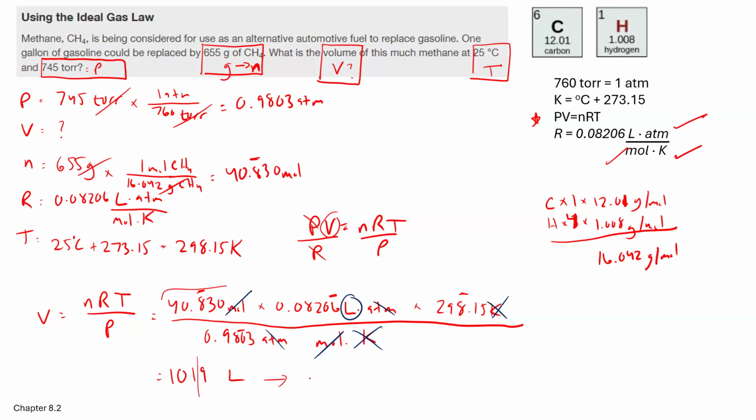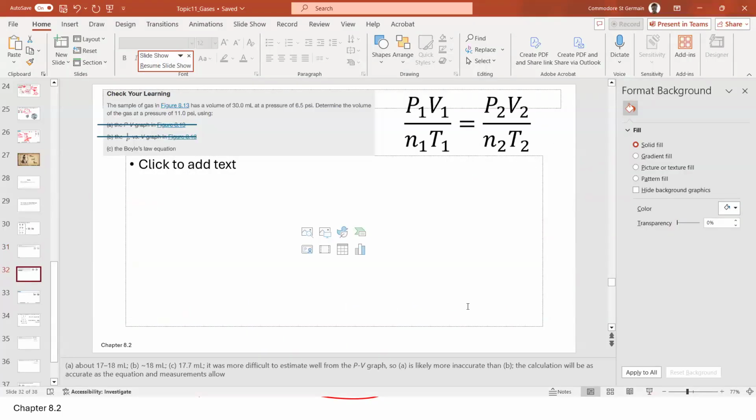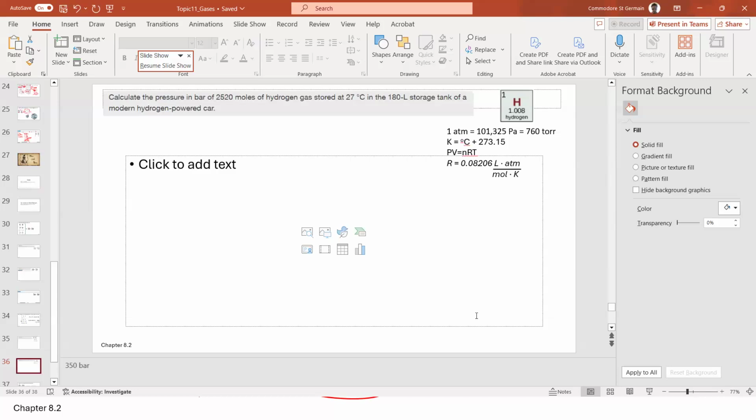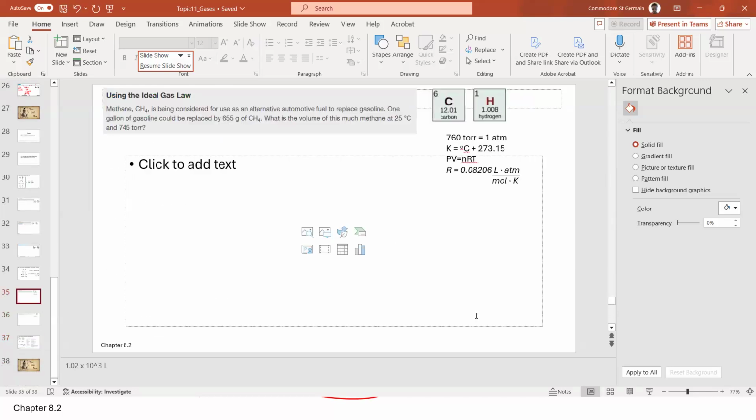So it's going to be 102. Oh, that's actually 3 sig figs there. So 1,020 liters. All right. Let's check that out. There you go, 1,020 liters.